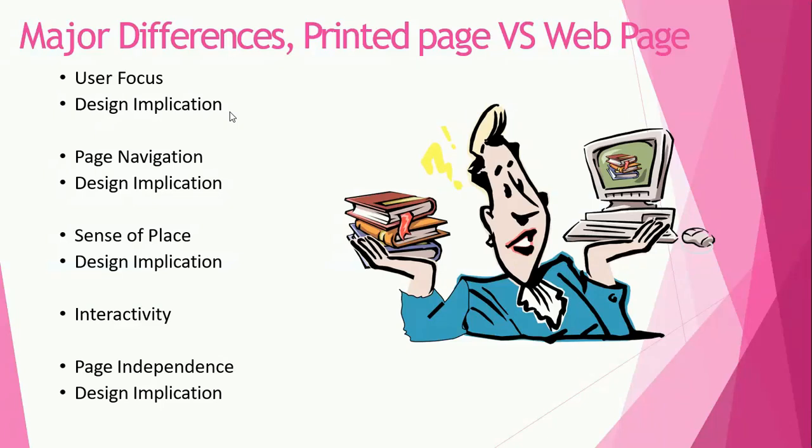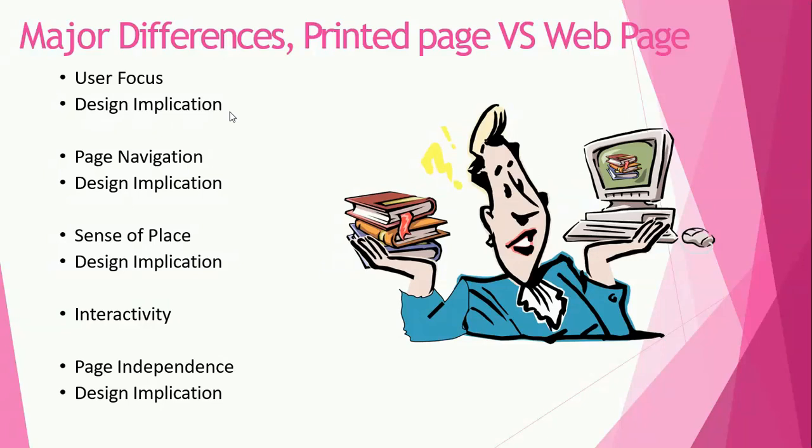That means a user, while using a web page, has to understand where exactly he is, which page he is reading. That sense is very important for any user, and he has to maintain that sense. You have to design a web page in such a way.